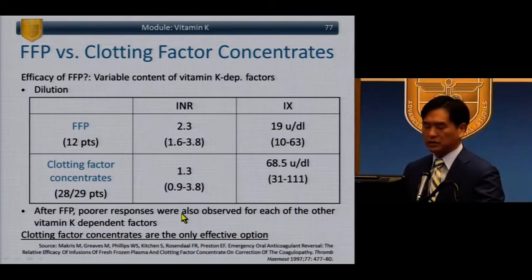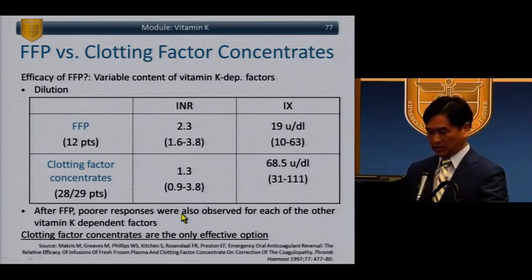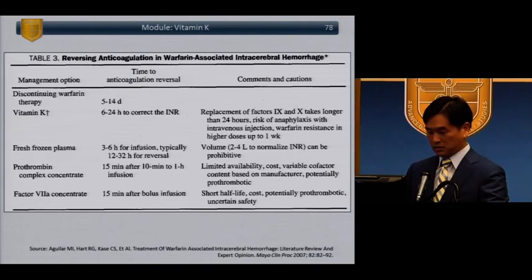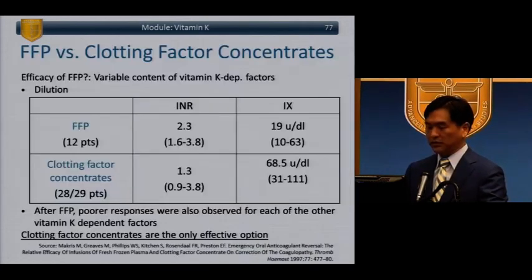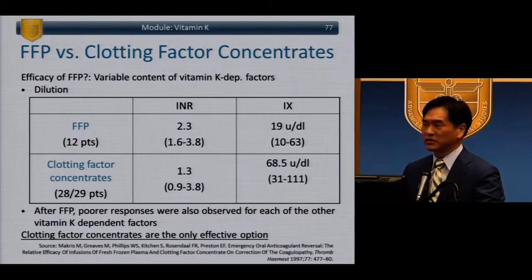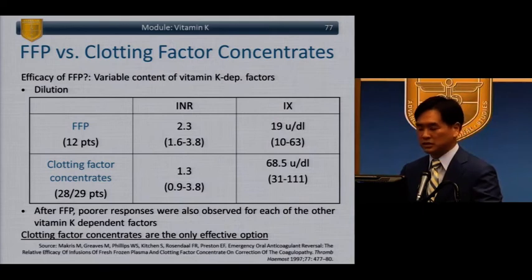So their conclusion was clotting factor concentrates are the only effective action. So if I remember correctly, the volume necessary here was like 2.4 liters of FFP, right? So there's issues in there too.